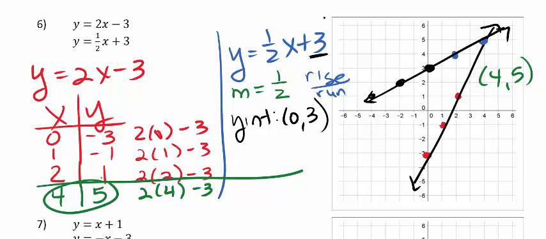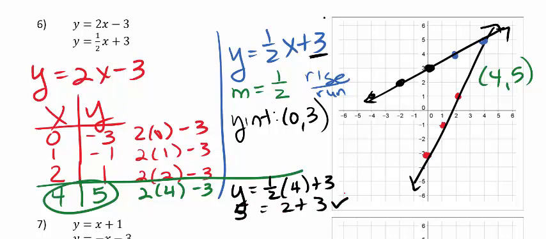And when I double check over here on the second equation, I get y equals 1/2 times 4 plus 3, and we want to see if that equals 5. Half of 4 is 2, plus 3 is equal to 5, so it works in that equation as well. So our solution is 4, 5.